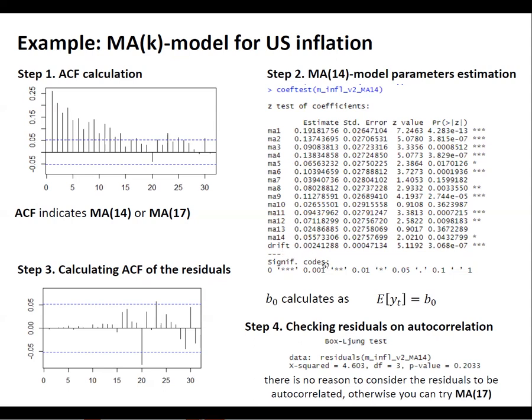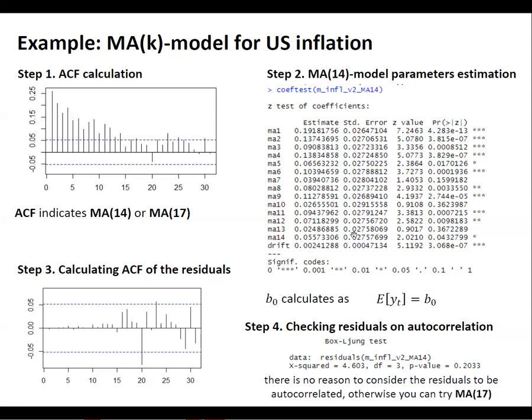Once again, drift is the mathematical expectation of y in the ARMA model. This is not B0, but since B0 is calculated as the expectation of yt for moving average 14, this equation is suitable here.